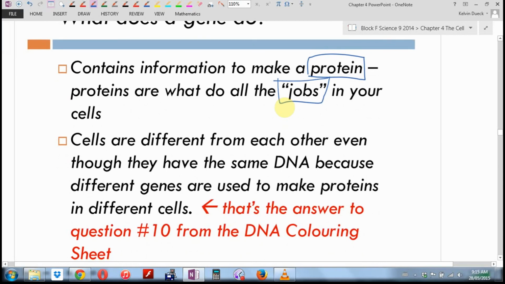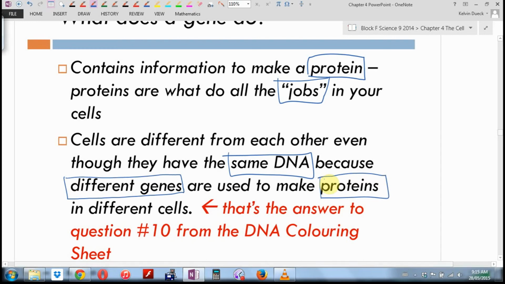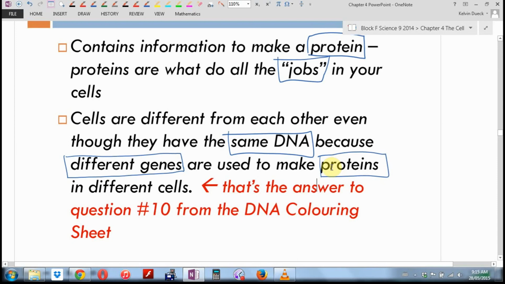Cells are different from each other, even though they have the same DNA, because different genes are used to make proteins in different cells. And then I added here, that's the answer to question number 10 from the DNA coloring sheet. I haven't given you the coloring sheet yet, but when you do that, you'll remember the answer.